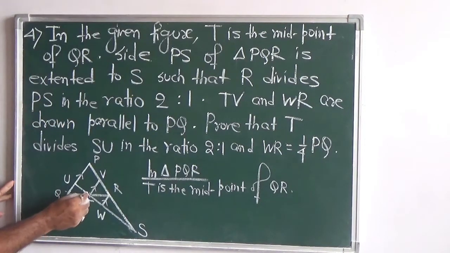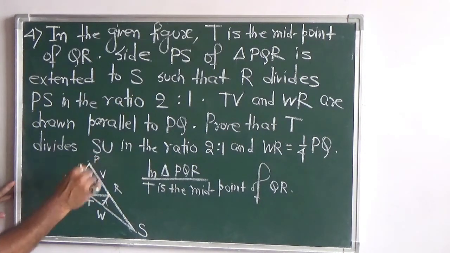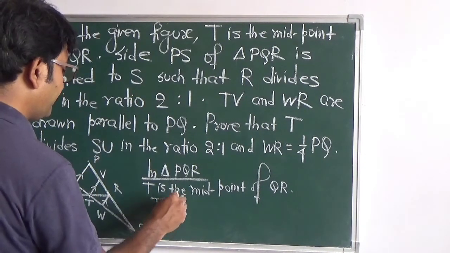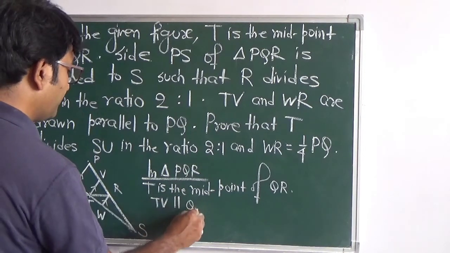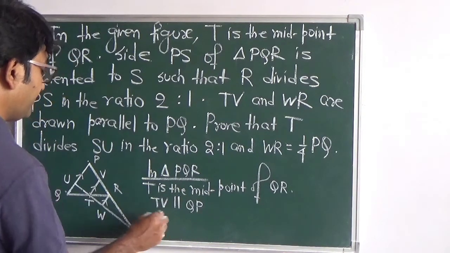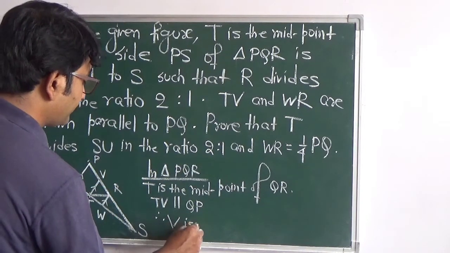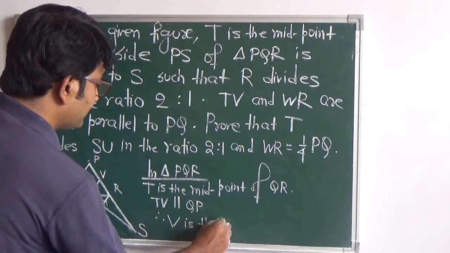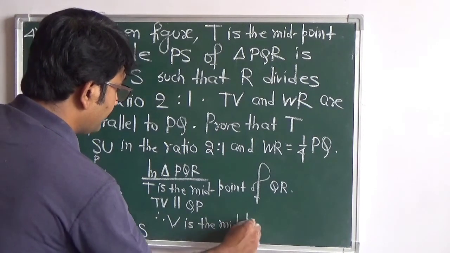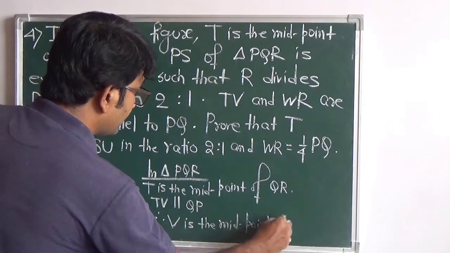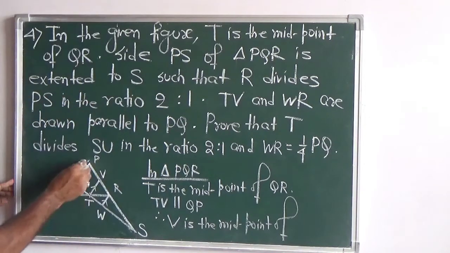Also, TV is parallel to QP. TV is parallel to QP as it is given. So therefore we have V is the midpoint of PR.